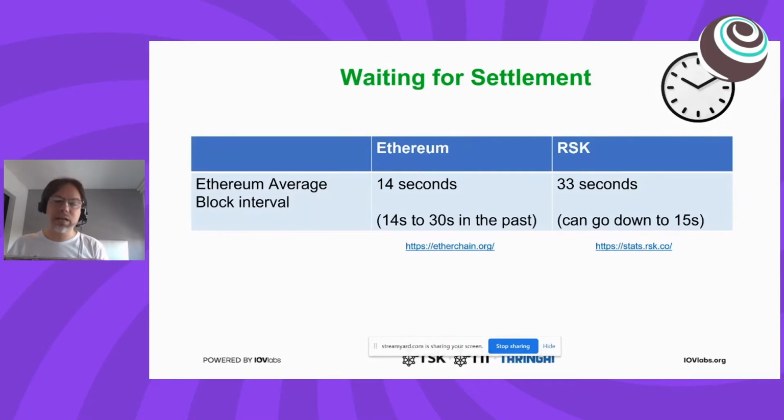But this is not really a huge difference, because in the past, Ethereum has moved from 14 seconds to 30 seconds, depending on the stage of the time bomb, the proof of work time bomb. And in the case of RSK, the RSK miners, the Bitcoin miners, have the possibility to reduce the average block interval down to 15 seconds. So we may see in the future that this number goes down if the miners decide to.